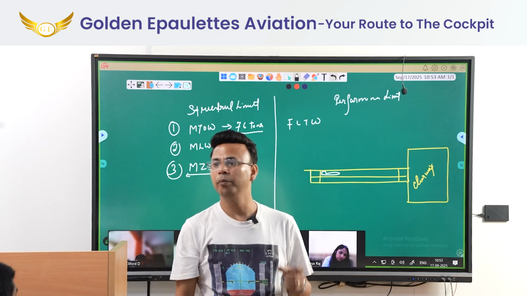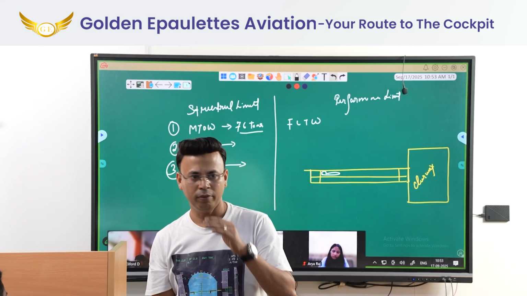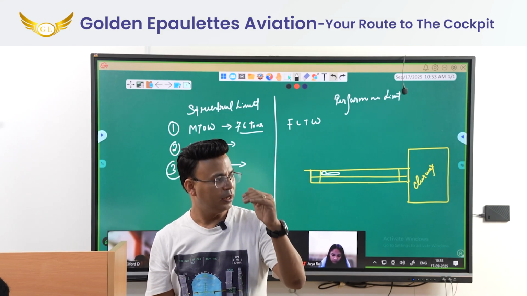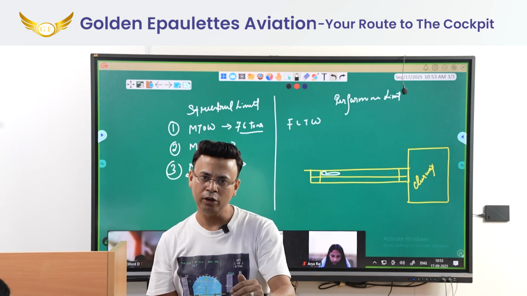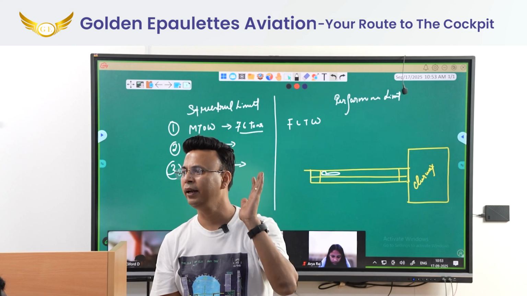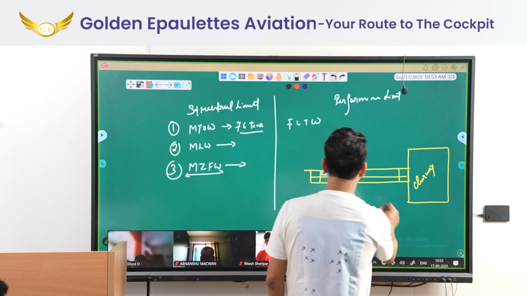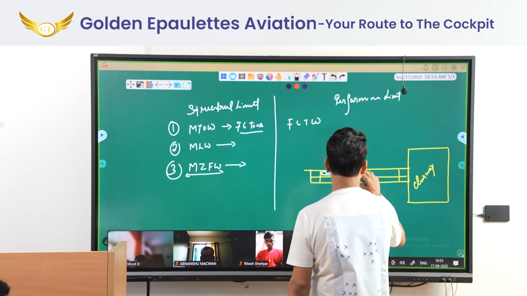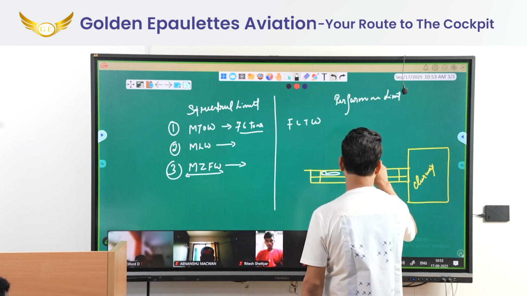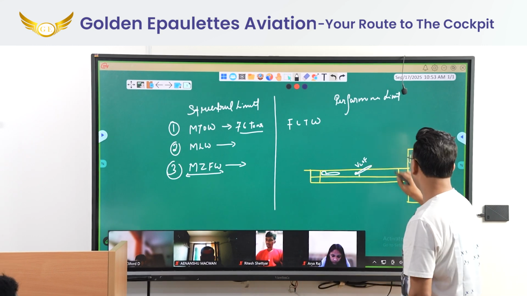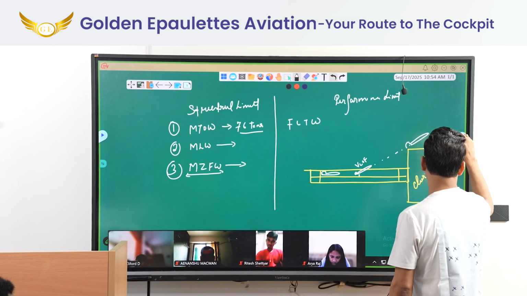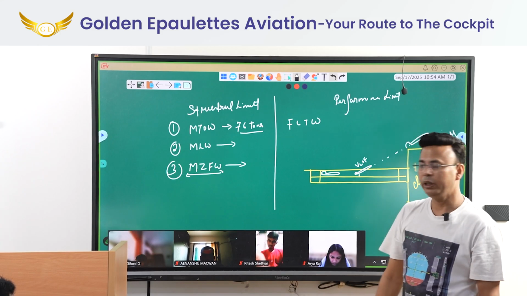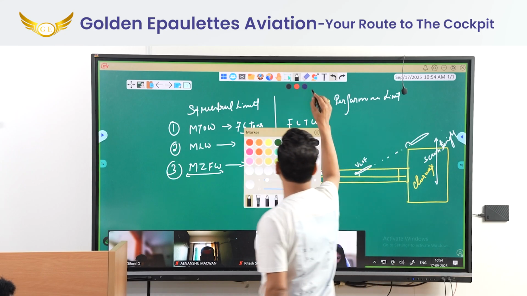Takeoff is generally completed in two phases. One is ground roll and then initial climb from wheel off to screen height. So one is ground roll up to wheel off, the lift off speed. Then from there, climb to screen height. So it is completed in two phases.